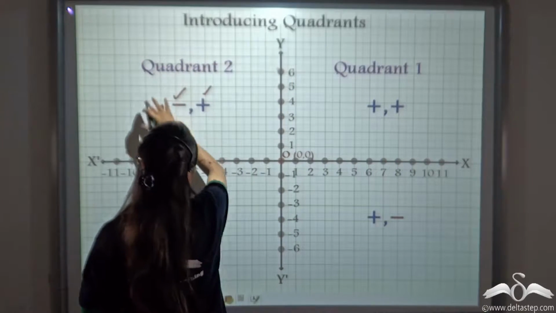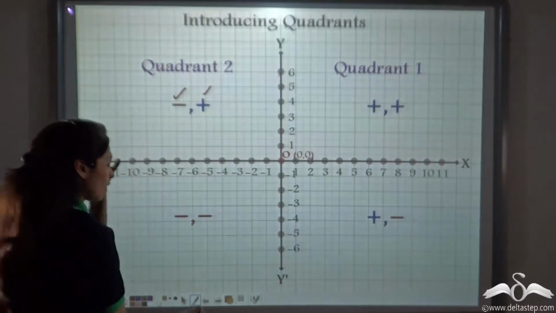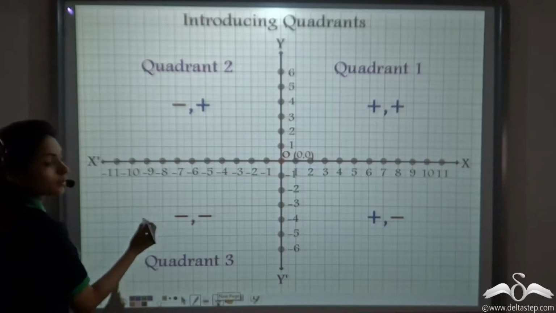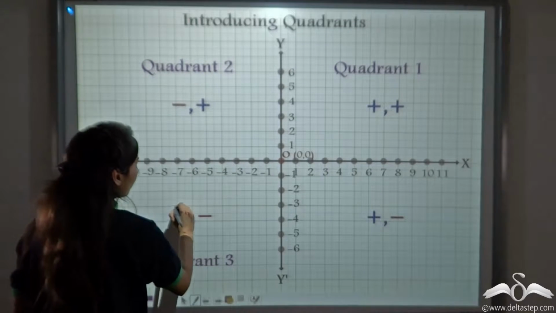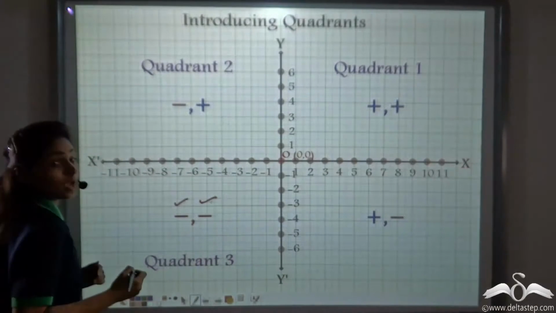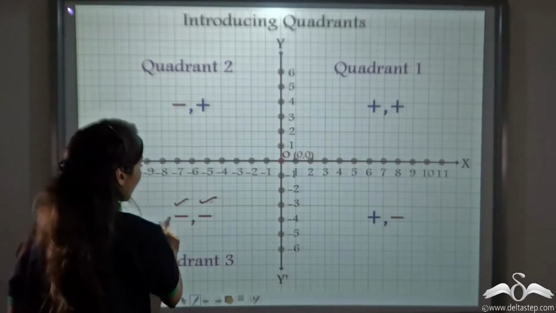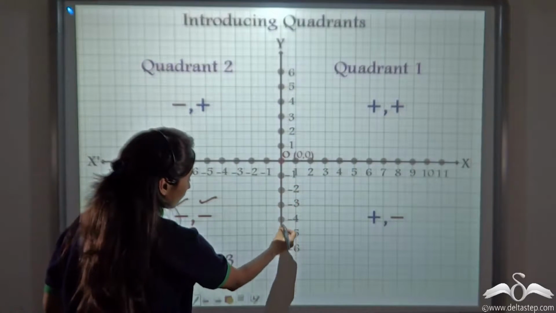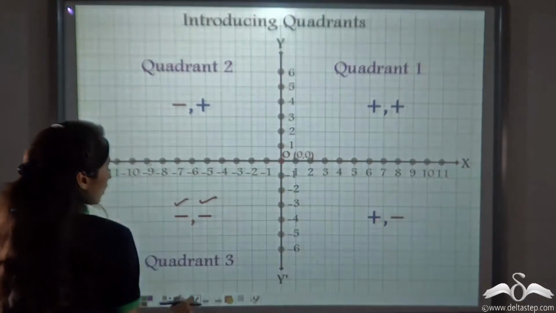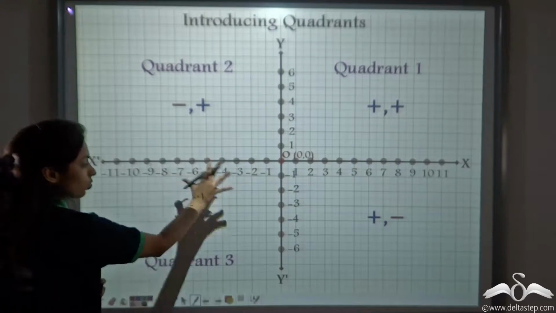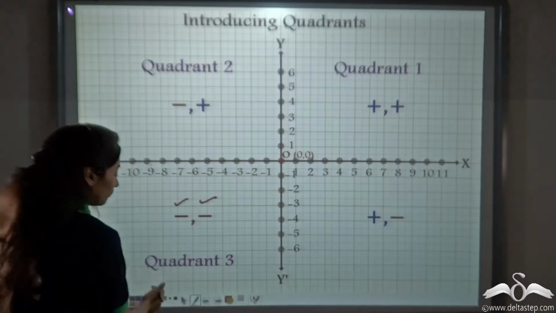And the same way about this quadrant, this is called quadrant 3, where we have both the coordinates as negatives. See, x coordinate we have negatives, y coordinates we have negatives. So any point that falls in this quadrant will have both x and y coordinates as negatives.